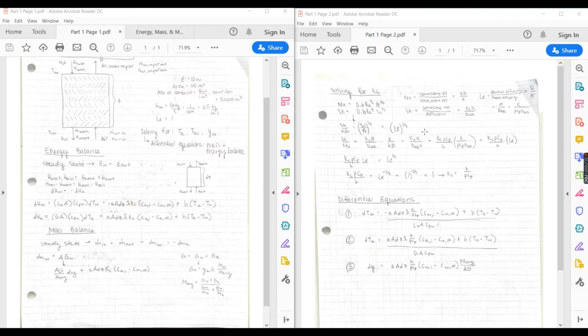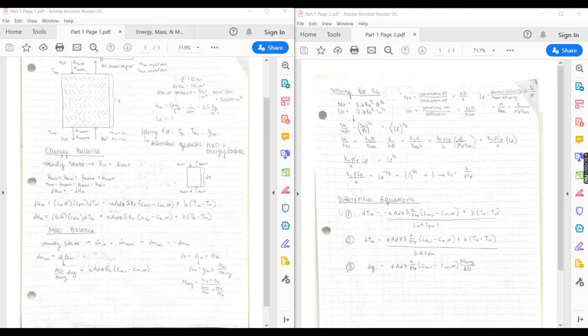So if we want to then rewrite this term over here that represents the ratio of the Sherwood number to the Nusselt number in terms of the Lewis number, we can then put in this k over ρ Cp D_AB into this term.